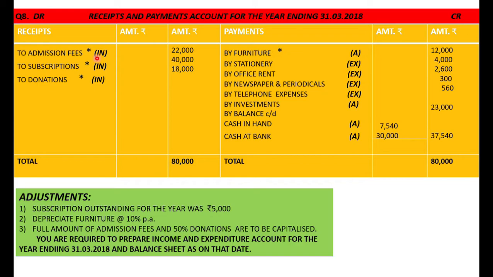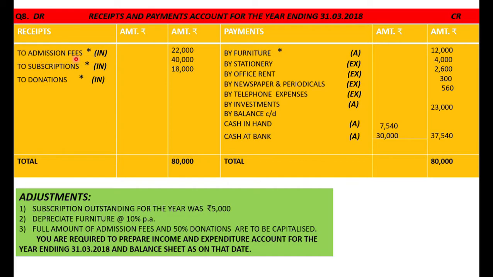Students, if the receipts are revenue receipts, then they are recorded on the income side of income and expenditure account, that is the credit side. If the receipts are capital receipts, then they are recorded on the liability side of the balance sheet.